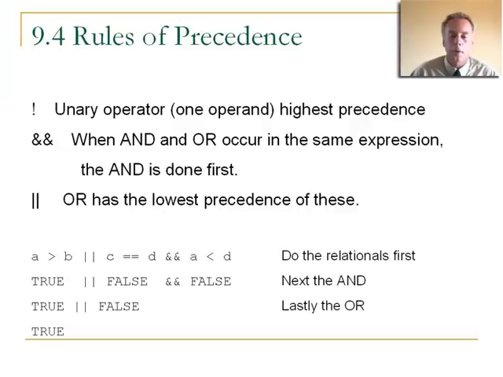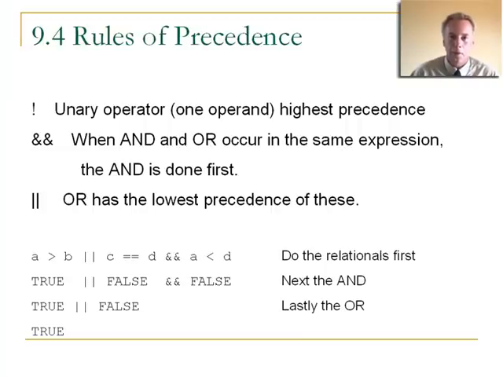It's important that we do the and first. So we have false and false, and that evaluates to false. And then we have true or false, and that evaluates to true. If you try this one doing the or before the and, if you evaluate them left to right, you'll get the wrong answer.